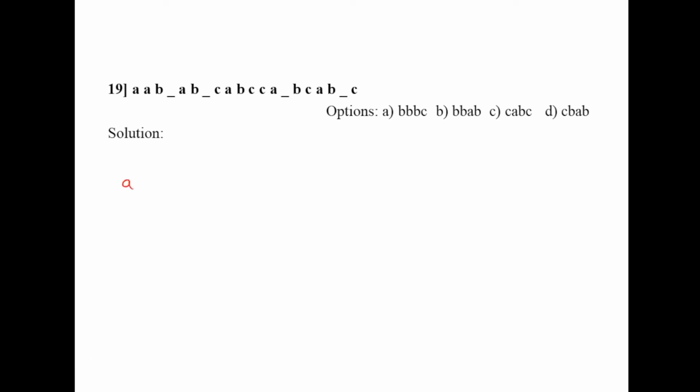It's given A, B, dash, A, B, dash, C, A, B, C, C, A, dash, B, C, A, B, dash, C. Total numbers are 1, 2, 3, 4, 5, 6, 7, 8, 9, 10, 11, 12, 13, 14, 15, 16, 17, 18, 19 and 20.